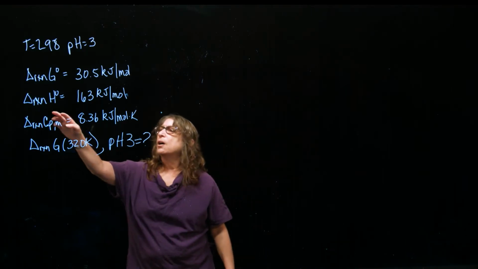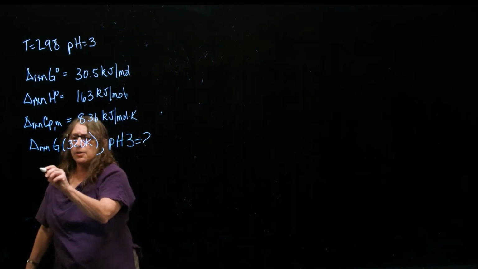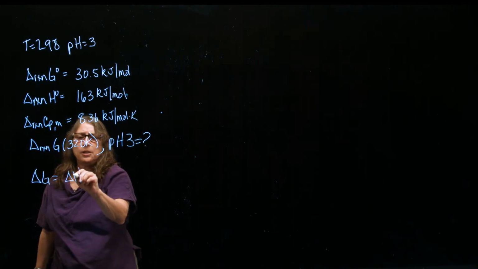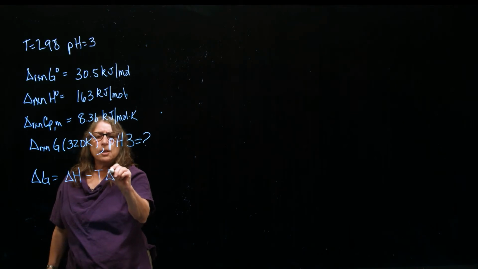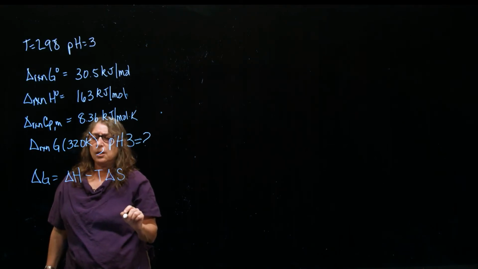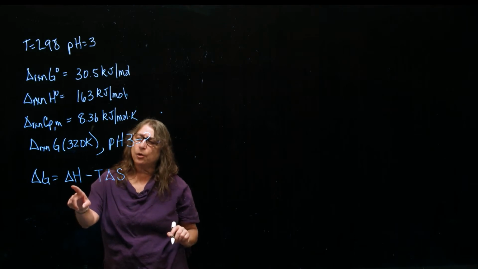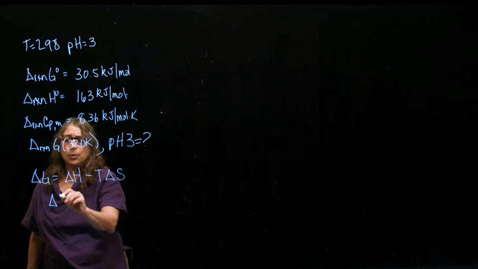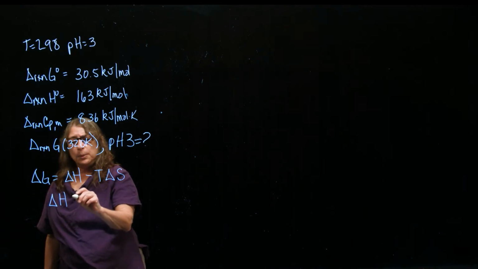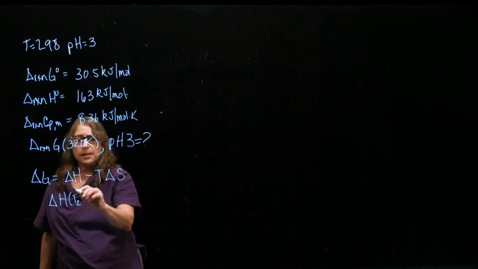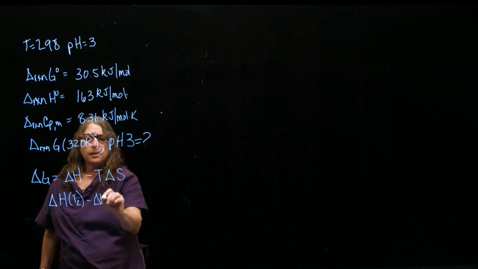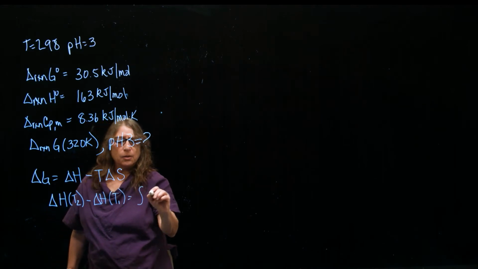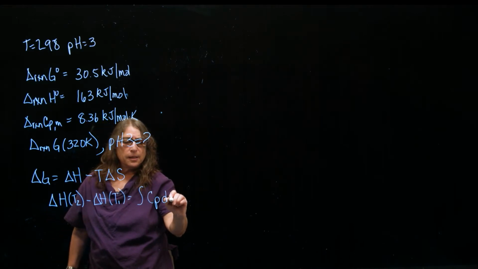Oh, but we do know that the Gibbs energy is equal to the enthalpy change minus the temperature times the entropy change. And we know how to change both enthalpy and entropy for temperature changes. I'll just remind you that the enthalpy at a second temperature minus the enthalpy at another temperature is equal to the integral of Cp dT.